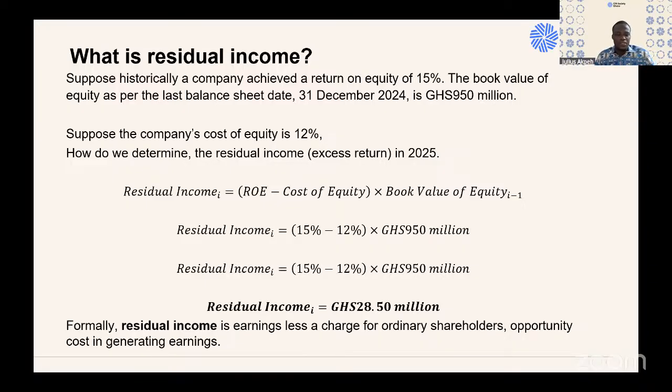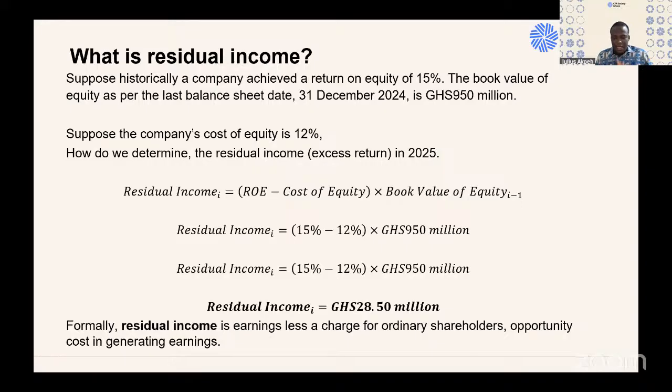So you can see that I'm looking at residual income at time i, with i as a subscript, right? And you see that this residual income at the end of year i, or time i, is equal to the ROE minus cost of equity times the book value of equity at time i minus 1. Now, what this means is this.